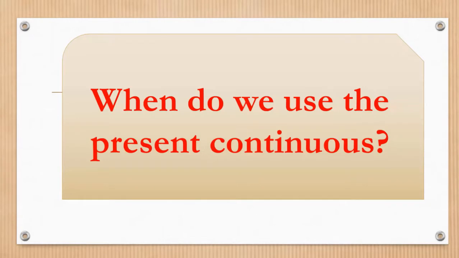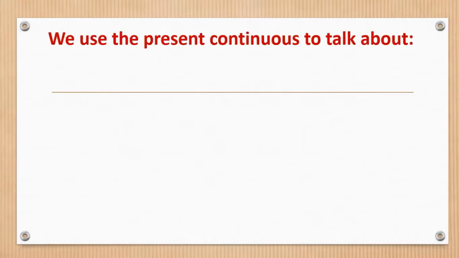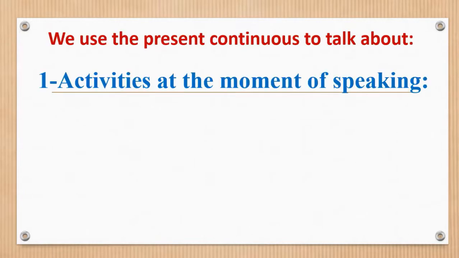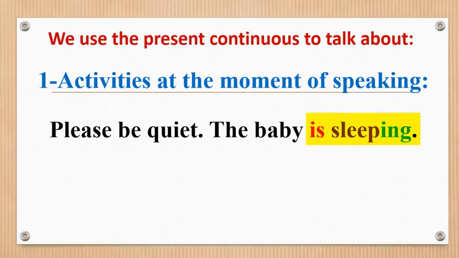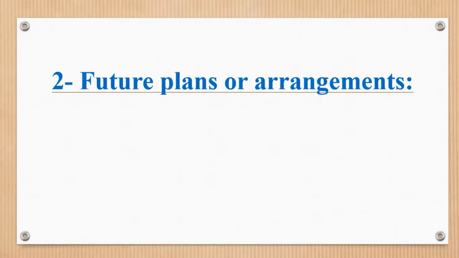So, when do we use the present continuous? We use the present continuous to talk about 1. Activities at the moment of speaking. For example, please be quiet, the baby is sleeping. 2.